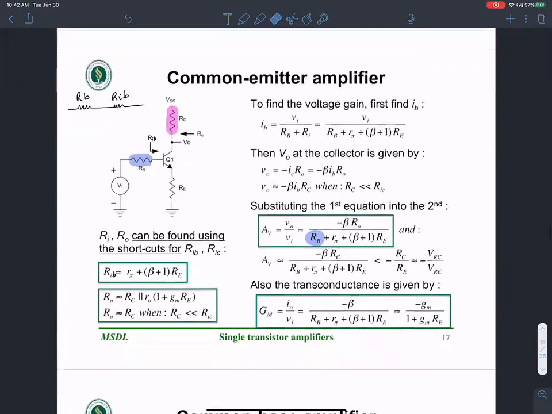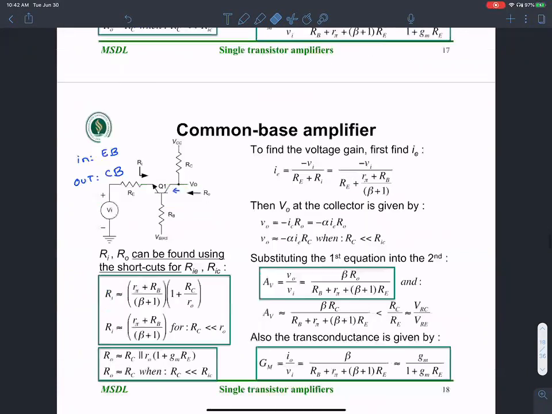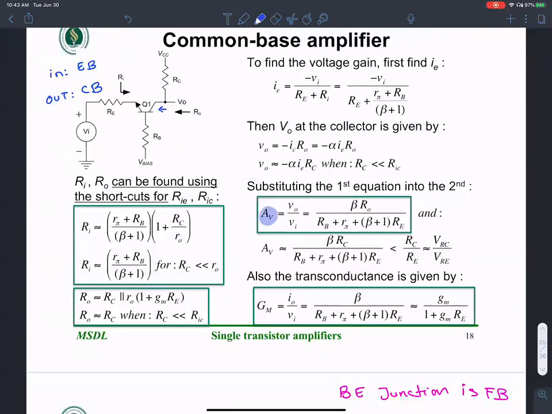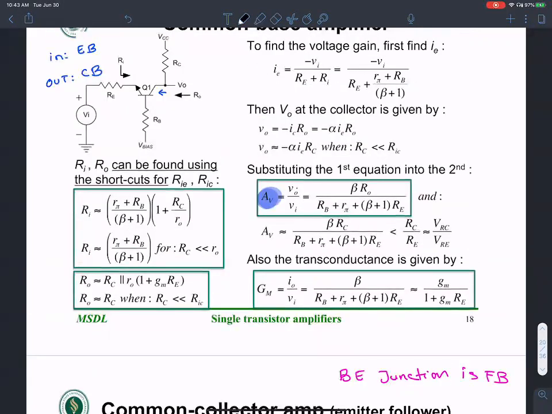Okay, common emitter amplifier. Let's look at the common base amplifier as well. For the common base amplifier, if you want to calculate the gain, AV, you have to calculate V output, which is R output into I output. You calculate V input as R input into I input.